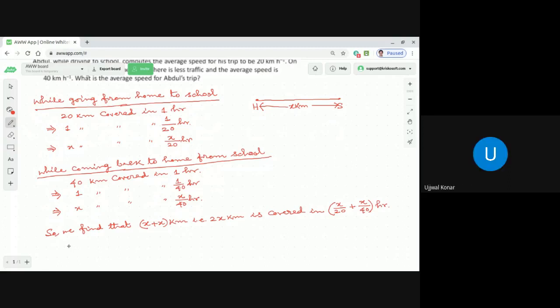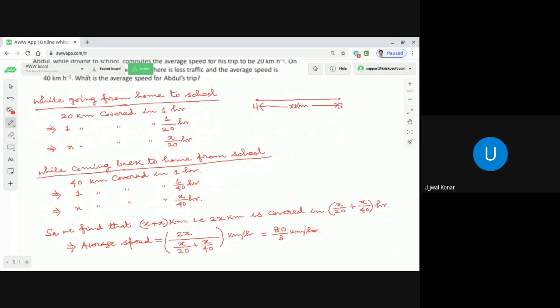This implies the average speed, always when you find the average speed, is equal to the distance traversed, which is 2x, divided by the total time taken, x by 20 plus x by 40. This value should be in kilometer per hour. And if you simplify it, you will get 80 by 3 kilometer per hour. It is an easy simplification.